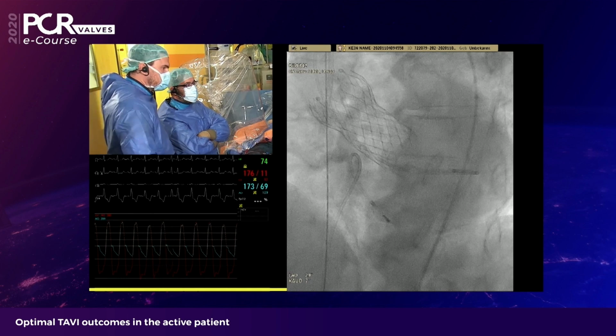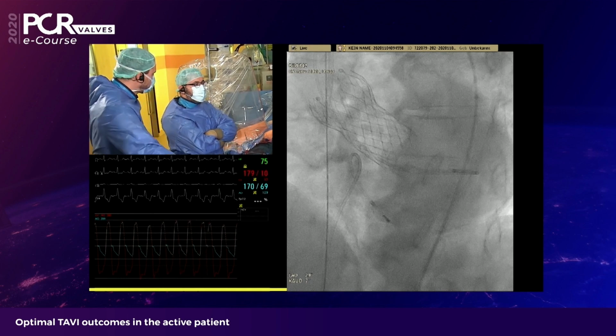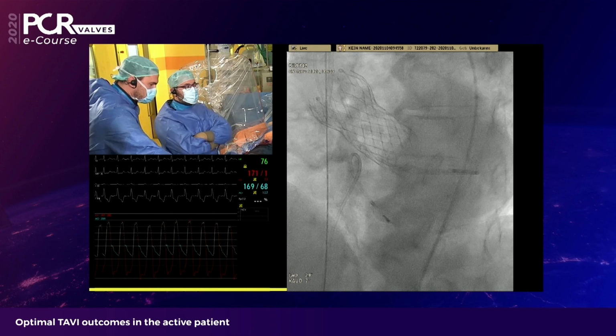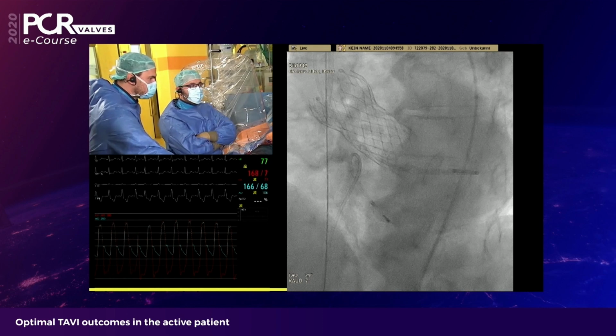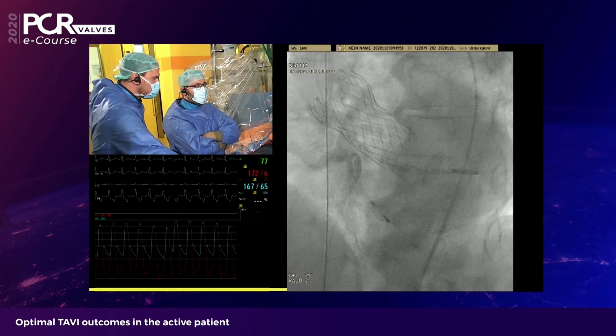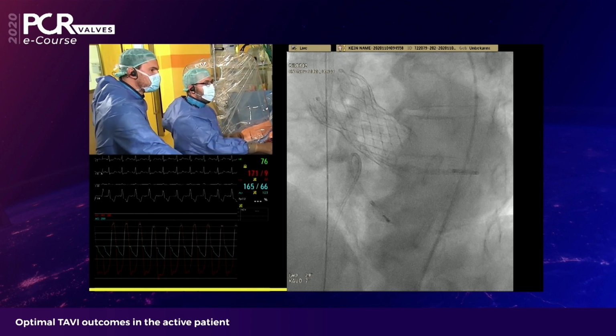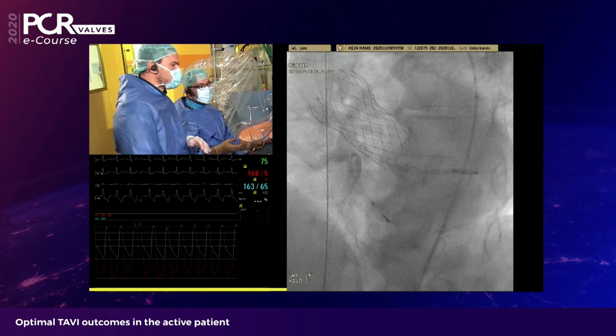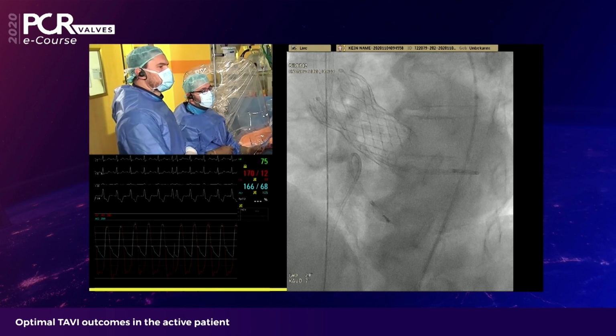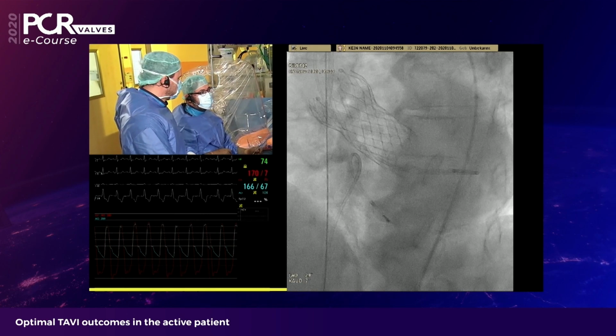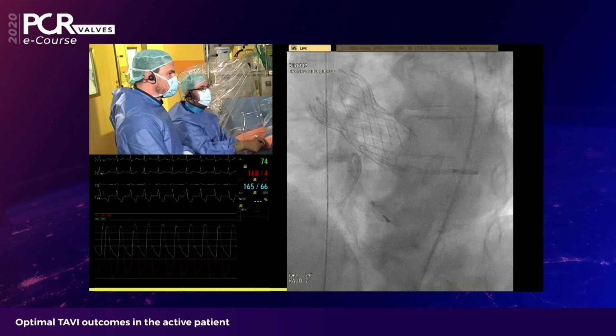We're now treating patients that are younger and have a longer life expectancy. The procedure is standardized, so we're thinking now about what matters beyond the procedure. Exactly. Okay, so we have good hemodynamics, as you can see here, almost no gradient. We'll do a pullback now.